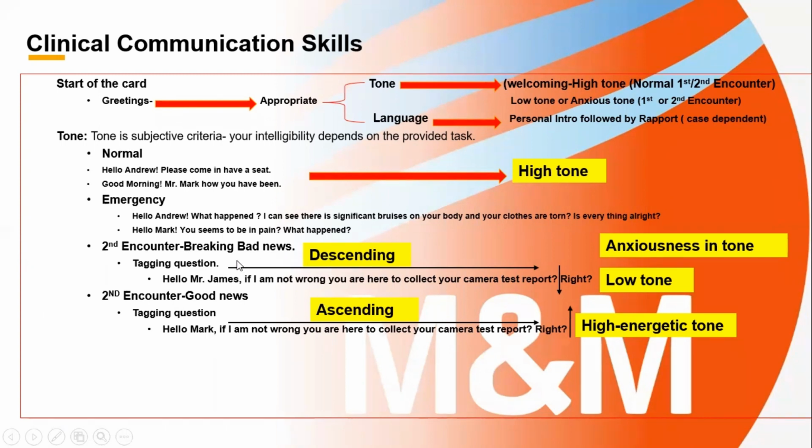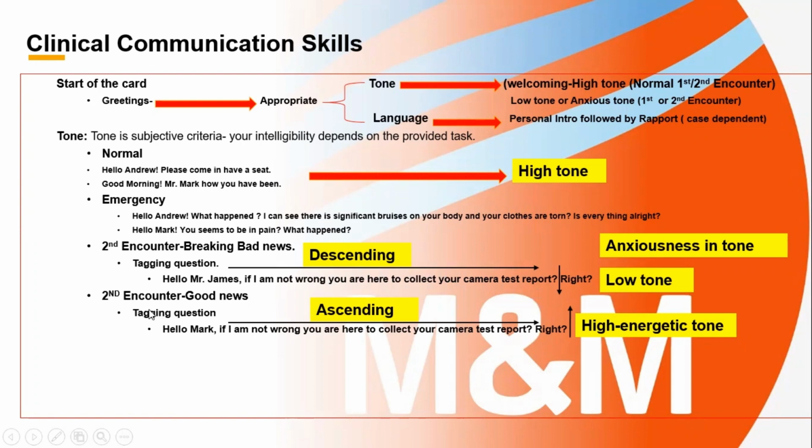If we have breaking bad news, we can say, hello, Mr. James, if I'm not wrong, but we need to work on the tone. Hello, James, if I'm not wrong, today you're here to collect your camera test report, right? With a low tone at the end. This part of the sentence will be intonated from a low tone, so it is a descending tone even in the sentence.